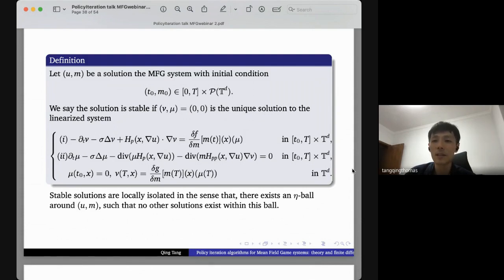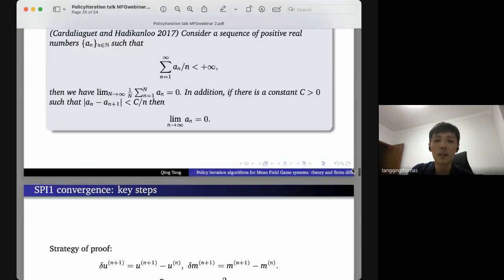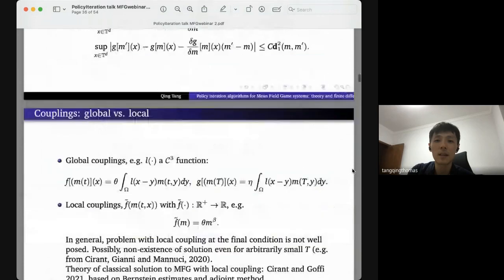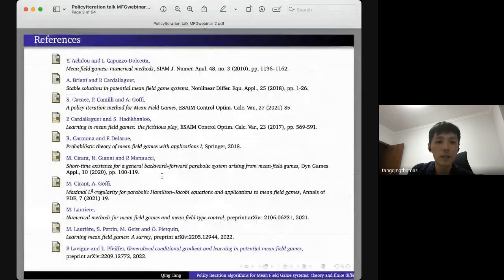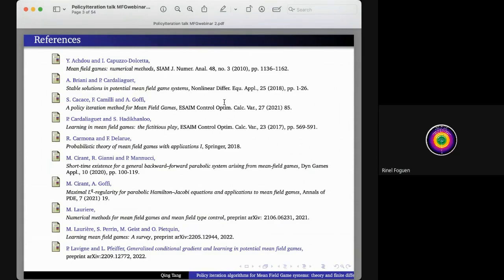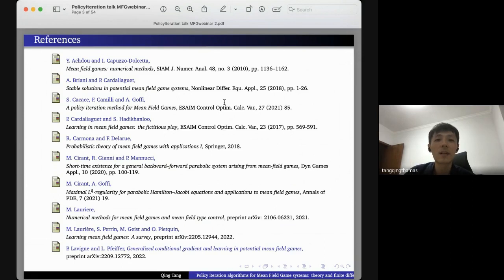For that, I think you can check the paper by Briani and Cardaliaguet, which is here. I go to the references. They explain the meaning of it. This is the second reference. They show that stable solutions do exist, and also that there are solutions which are not minimizers. They have concrete examples.